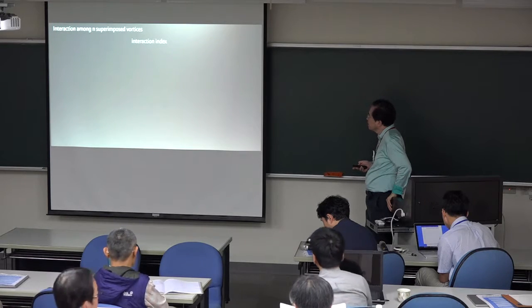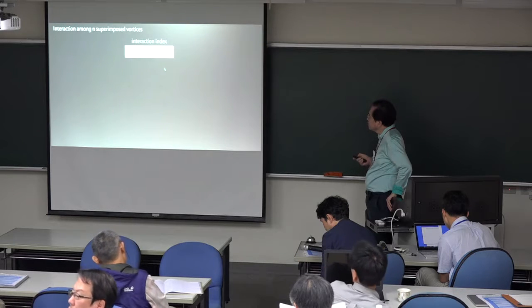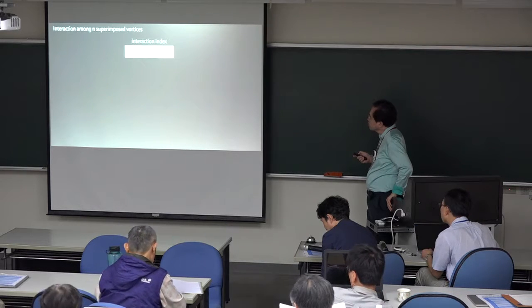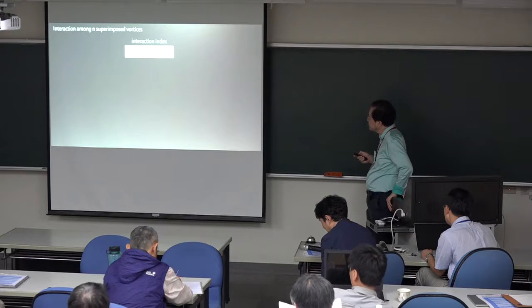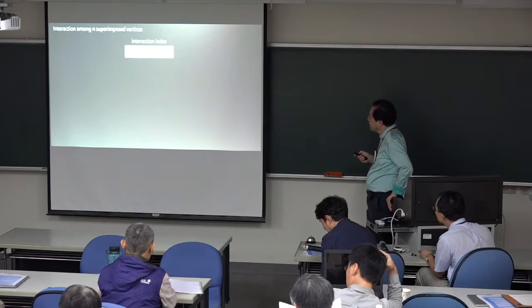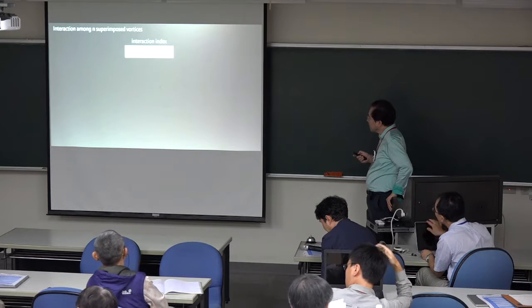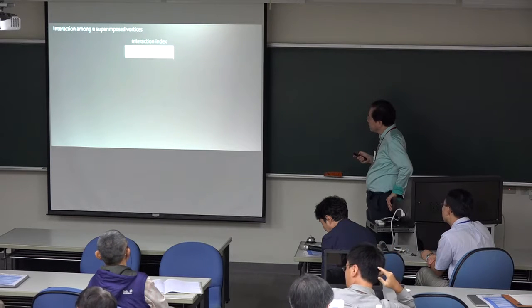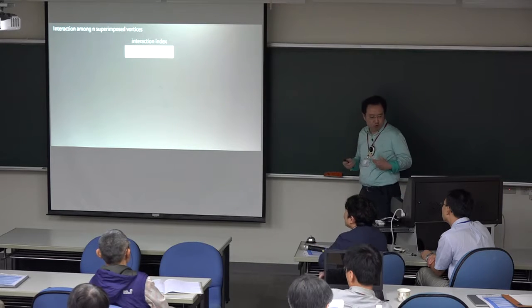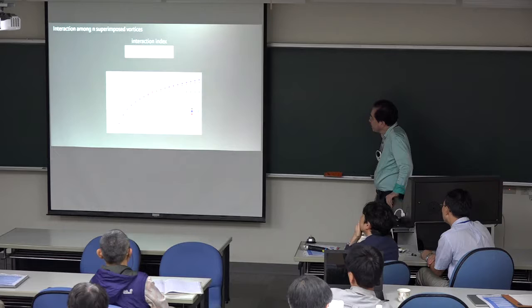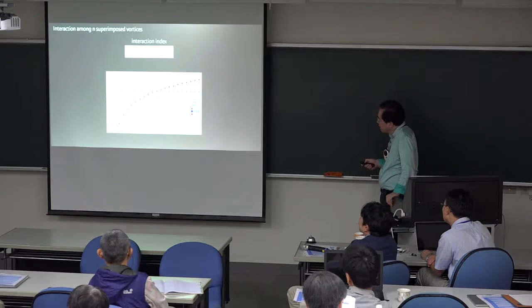Then the interaction among these n superimposed vortices can be measured by maybe this interaction index. The total energy of the n superimposed vortices is subtracted by the single vortex energy times n, and then divided by the two mutual interaction terms. Then we can find this.